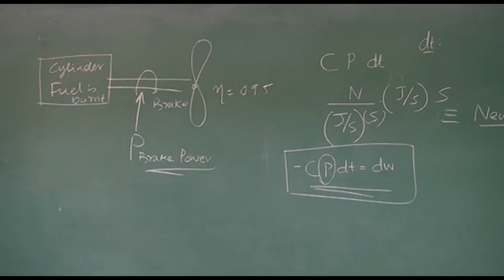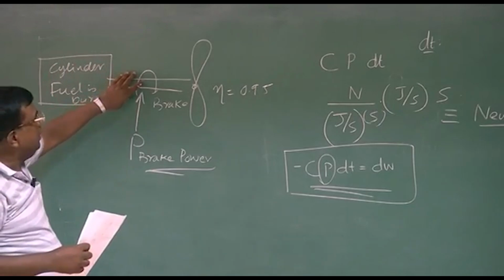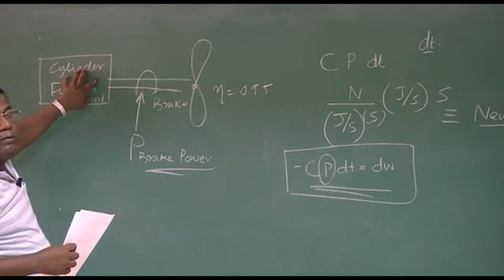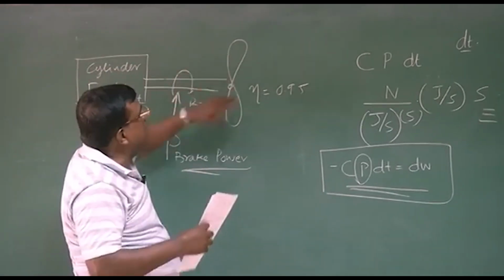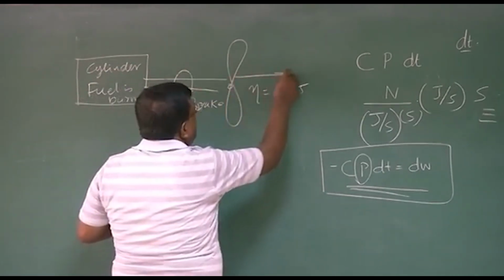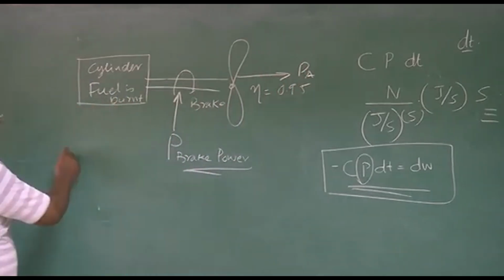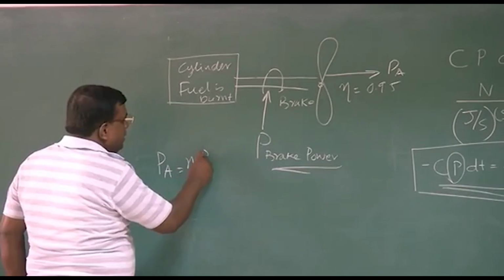Because fuel is consumed and this power is available at the brake, this P is directly linked to the fuel burnt here. This P is not the power available for the machine. For the machine, the power available will be eta into the power at the brake.